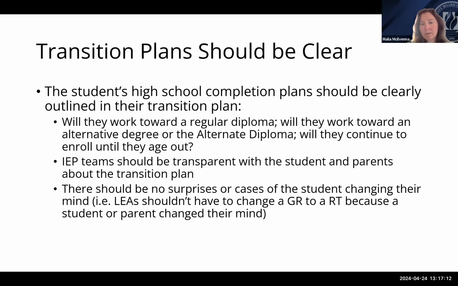Are they going to be working toward a regular diploma? Will they work on an alternative degree or the alternate diploma, or will they continue to enroll until they age out? And so hopefully at the end of year, the code that you're entering reflects the transition plans, as well as reality if something changes from the transition plan, like they transfer out of state or something.